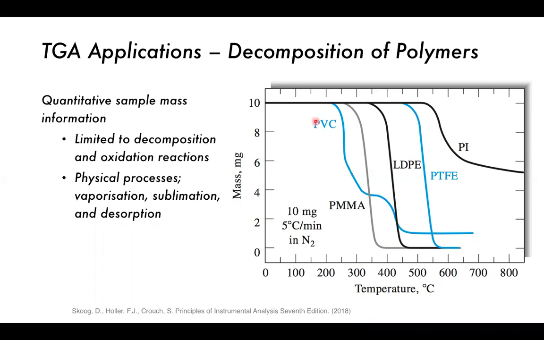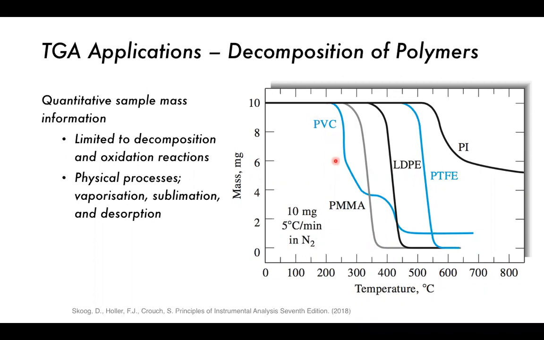So what we're seeing here in some of these cases is where the polymer initially breaks down into smaller monomer units, and those monomer units can often be more volatile, so they can evaporate, be vaporized.